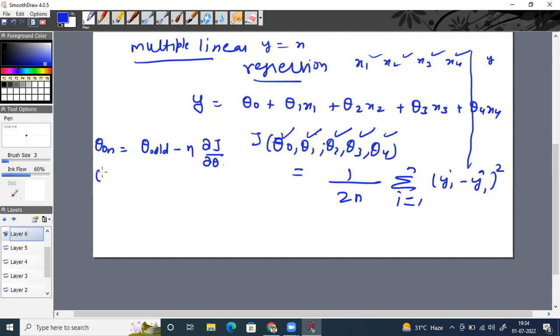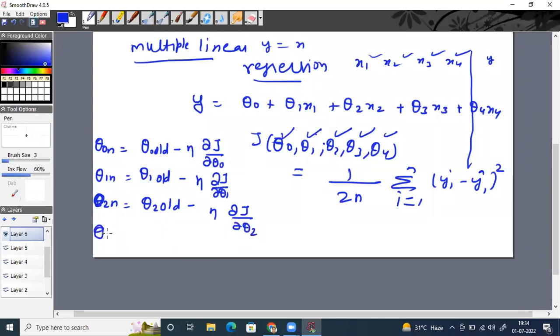Theta 1 new is equal to theta 1 old minus eta times del J by del theta 1. Similarly, theta 2 new is equal to theta 2 old minus eta times del J by del theta 2. Similarly, theta 3 new is equal to theta 3 old minus eta times del J by del theta 3.